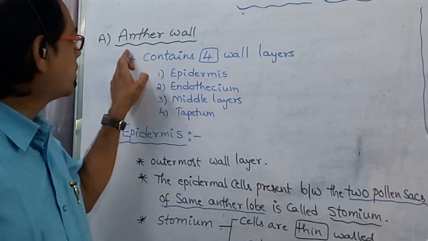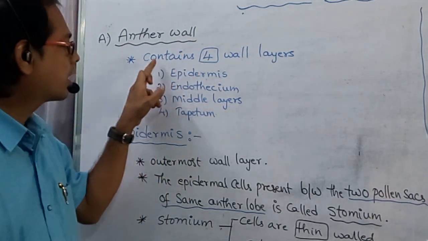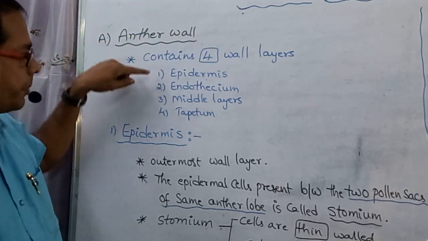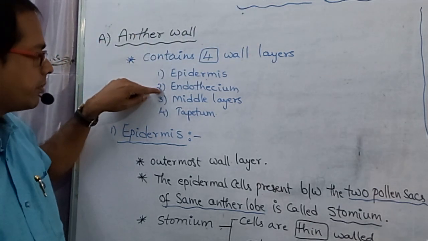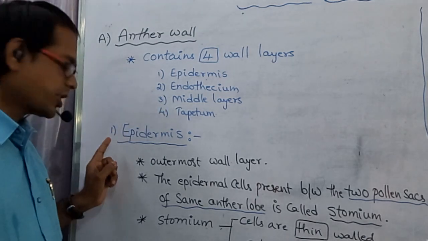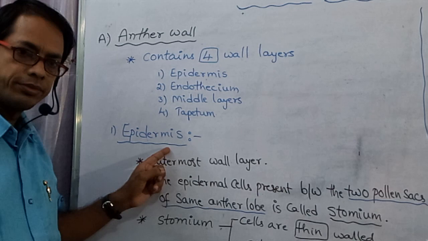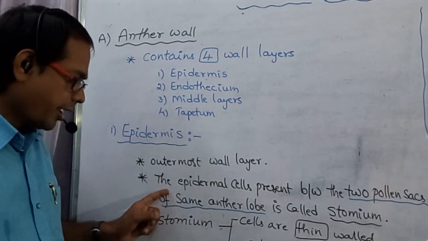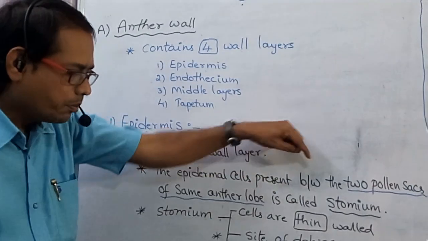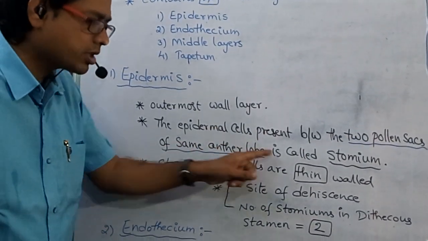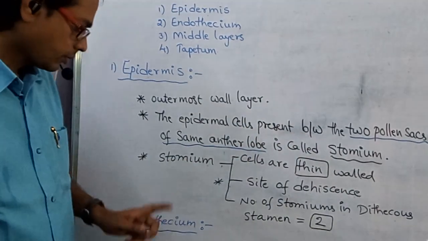Now, the anther wall contains 4 wall layers: epidermis, endothecium, middle layers, tapetum. First layer, epidermis, the outermost wall layer. Epidermal cells present between 2 pollen sacs of the same anther lobe are called stomium.